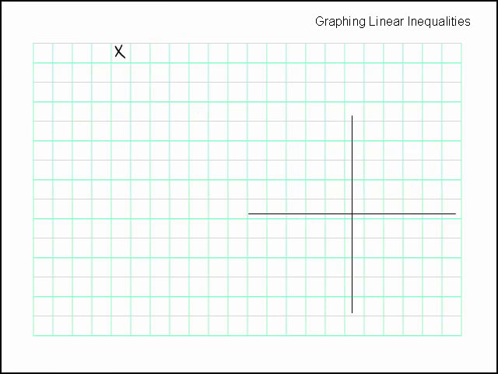What if I have something like x is less than 3? Well, we learned in a previous section that the boundary line x equals 3 is a vertical line, which would look like this at x equals 3.